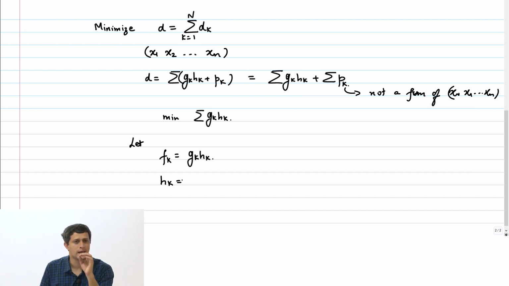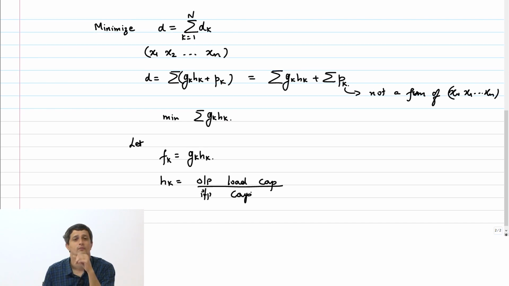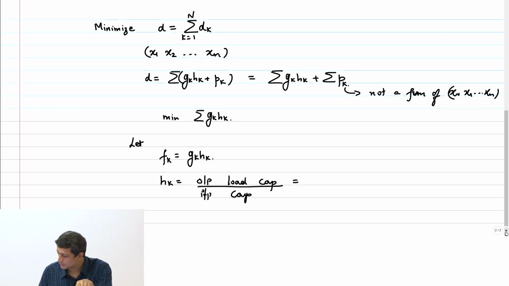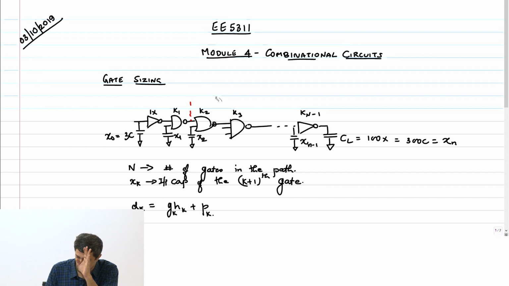It is the electrical effort of the kth gate, which is output load capacitance divided by input capacitance. Here, in this whole notation, I am assuming that there is no branching. So I don't have gates like this. Otherwise this notation will not work. So let's just keep that in mind.